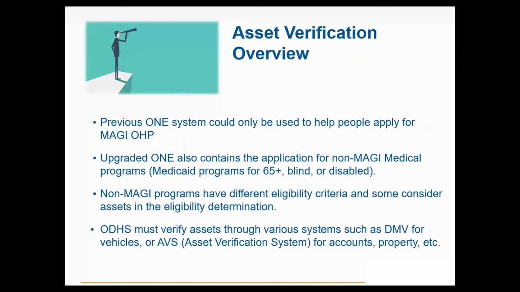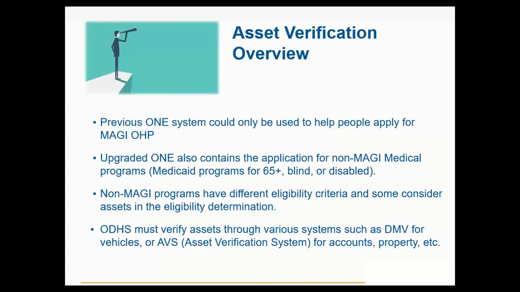Those non-MAGI medical programs have different eligibility criteria, and some of them do consider assets in the eligibility determination. So to verify those assets, ODHS works through various systems. For example, we might ping the DMV to look for and verify the vehicles registered under that person's name, and look for any additional vehicles that have not been disclosed.